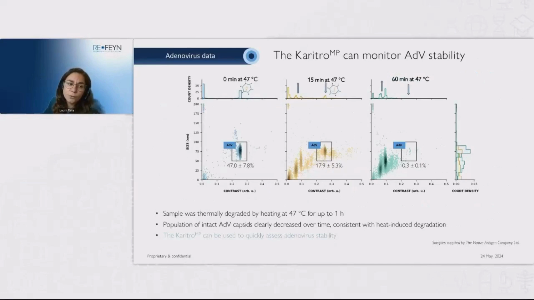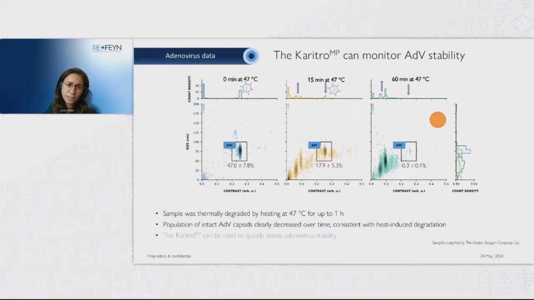And then I would like to show you how the Karitro can monitor adenovirus stability. What we've done here was a forced degradation study. We thermally degraded the adenovirus sample by heating it up at 47 degrees over an hour. We are showing the difference between the sample kept under normal storage condition versus the sample heated up after 15 minutes and then after 1 hour.